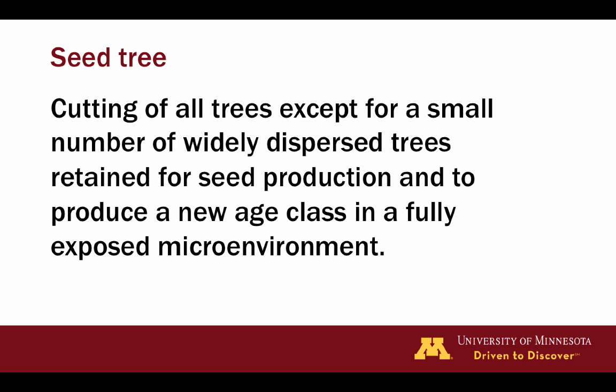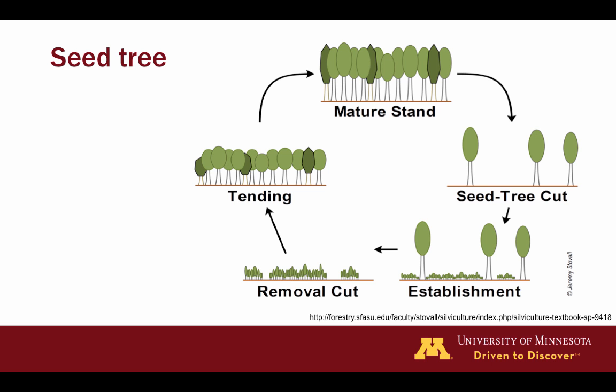Moving into our next silvicultural system, we have the seed tree harvest. So a seed tree harvest is where you remove all the trees except a small number of widely dispersed trees retained for seed production. So the goal is to retain these trees to produce seed. These trees are removed.